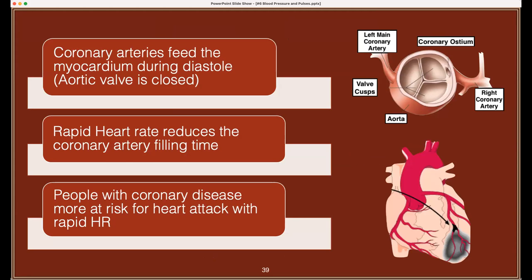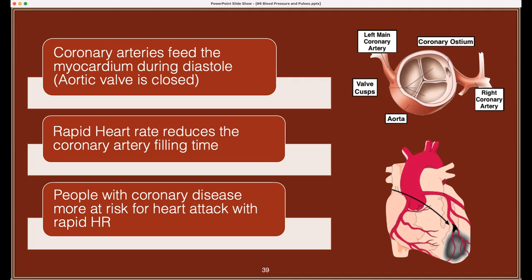Okay, so remember coronary arteries at the top. This is looking down at the aorta, looking at the three cusps of the aorta, and filling blood in the coronary ostium. Remember, a rapid heart rate decreases that diastolic filling time. It also decreases the amount of oxygen flow through the heart muscle.